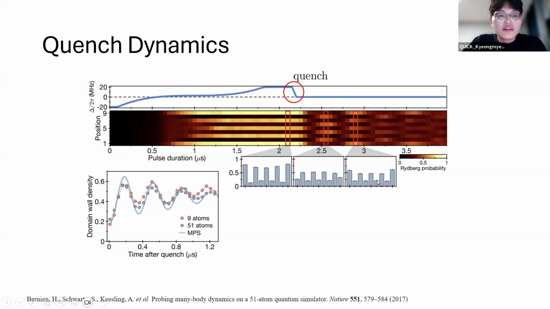So here, they investigated the quench dynamics of the Rydberg crystal initially prepared in the Z2 ordered state. If you look at the fluorescence signal, this corresponds to, I think, a nine atom system displaying the Z2 ordered state.